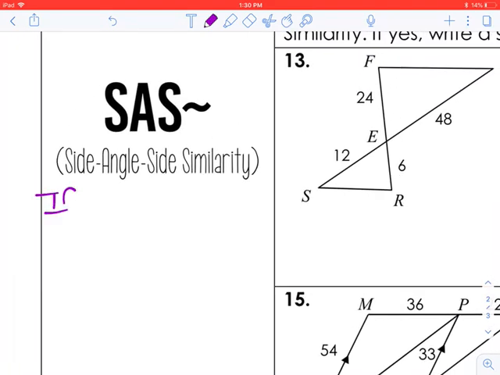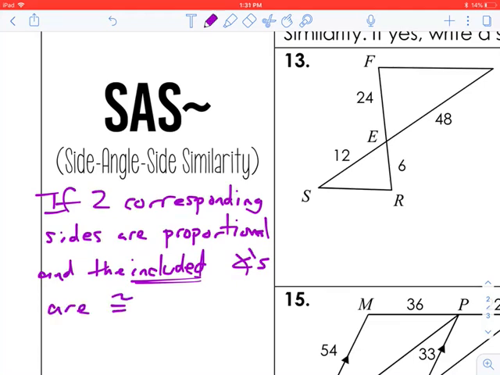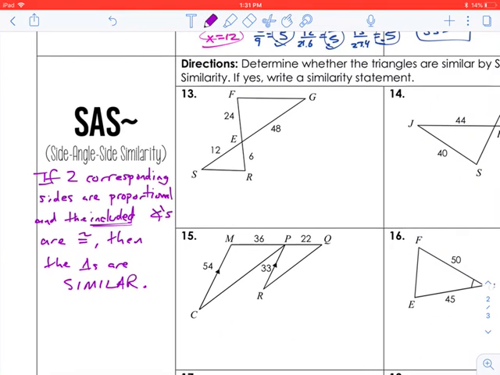So if two corresponding sides are proportional and the included means the one between the included angles are congruent, then the triangles are similar. Okay, so let's look at a couple examples of that.